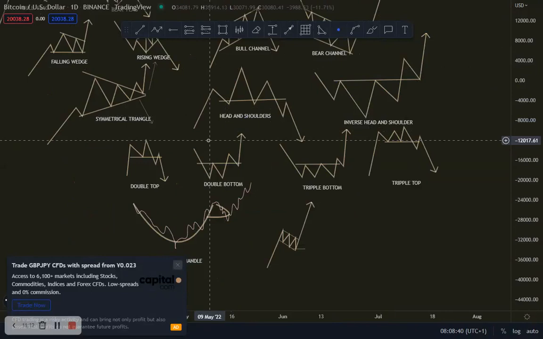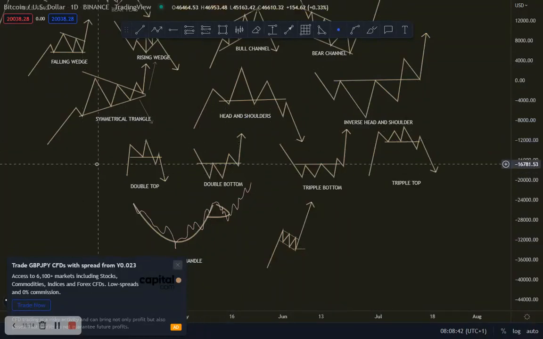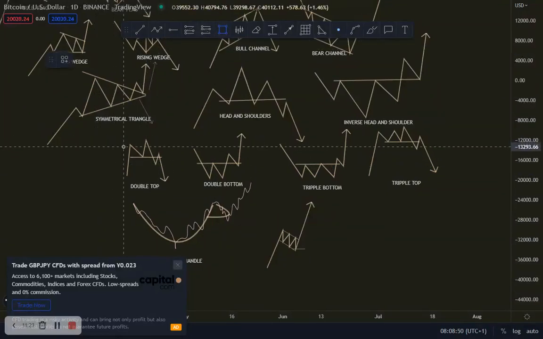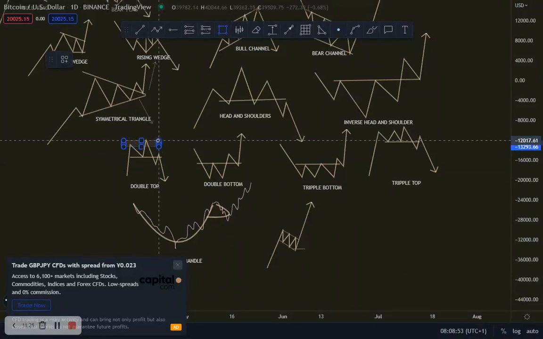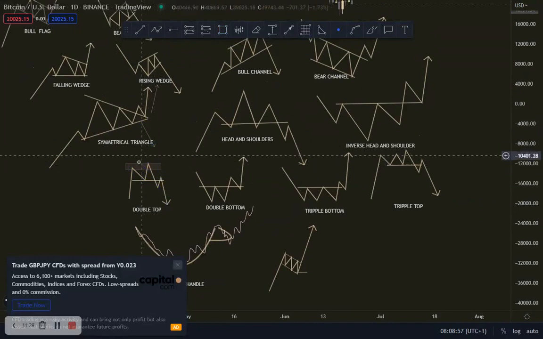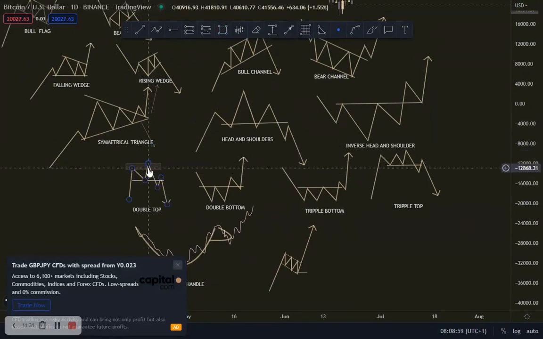So let's talk about the double top. The double top is the second rejection of the top of a structurally significant area. So let's say we have a structurally significant area, a support zone above, and we get a double top. This is the secondary test, a second rejection of the top of a structurally significant area, with a breakdown confirming the reversal.